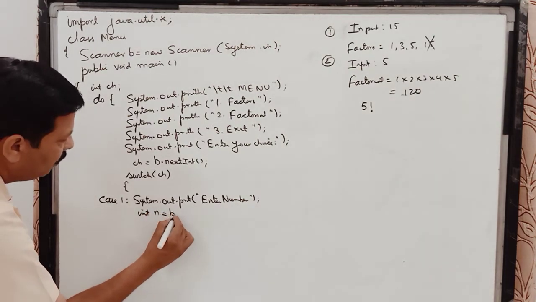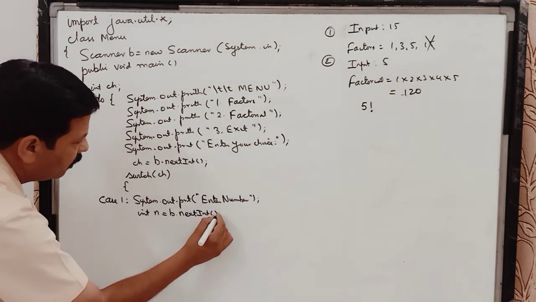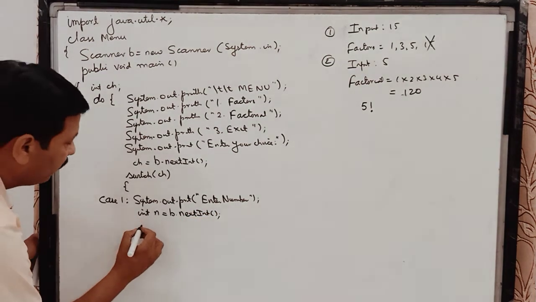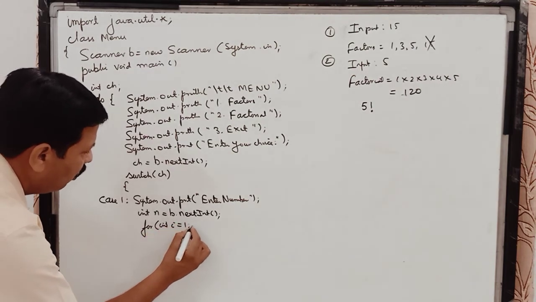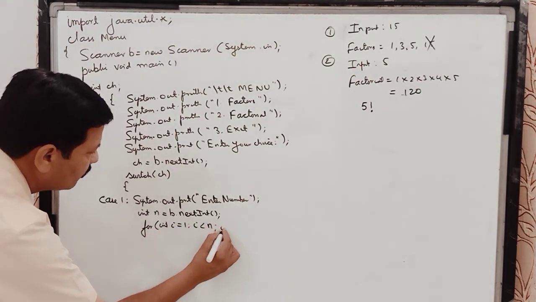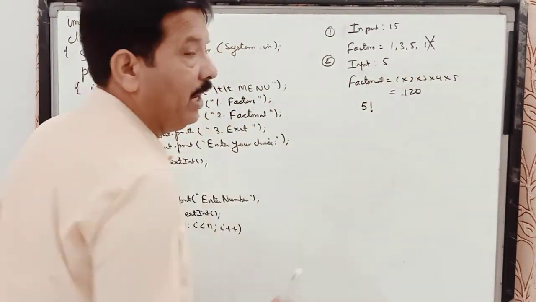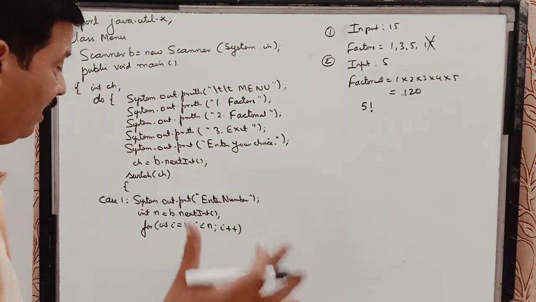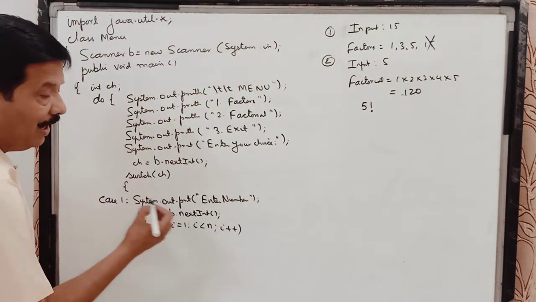Int n is equal to b dot next int. Now to print the factors, I am going to execute a loop from 1 to less than n. So if it is 15, I am executing my loop from 1 to 14, not 15, because 15 is a factor that we have to exclude. So I have taken my loop from 1 to less than n.